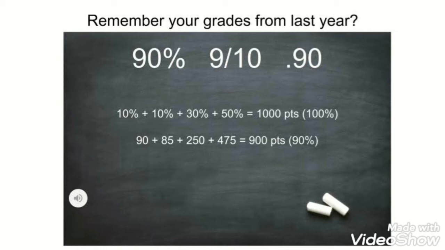So let's say 10% was 100 points total, but you may have taken about 10 different tests, and you ended up getting 90 points out of 100 for that. With the classwork and participation, you may have only gotten 85, and that was only worth 10%. Now, with these tests down here, they're worth 30%.